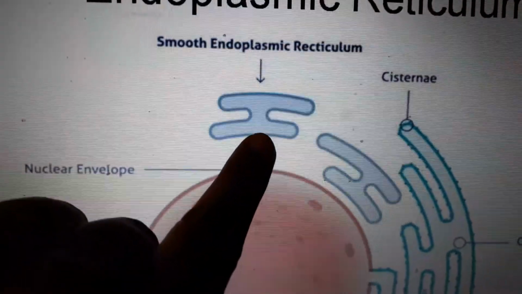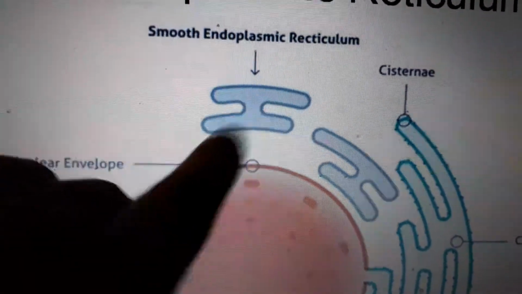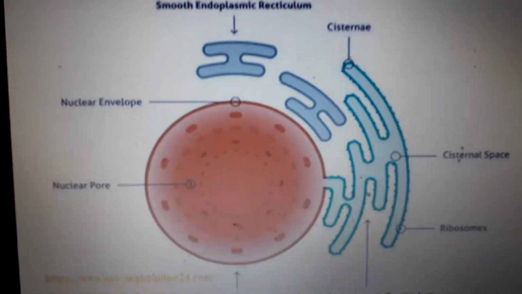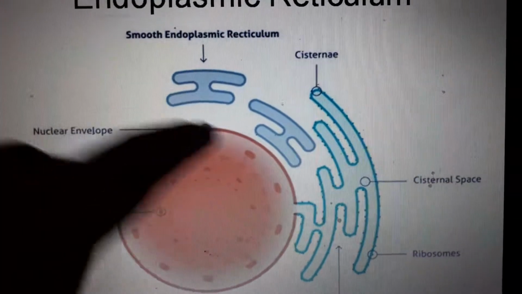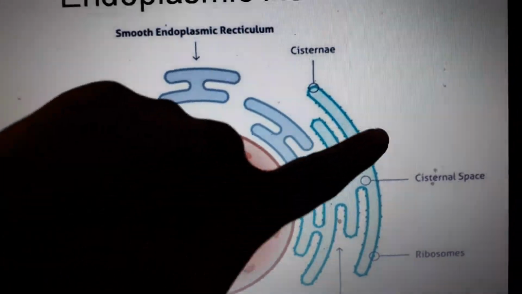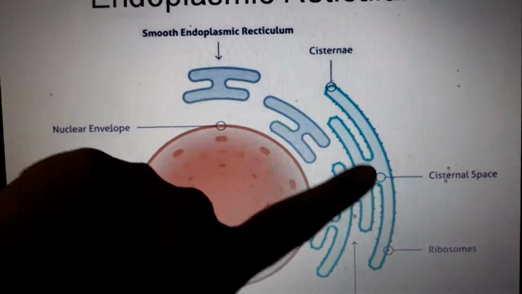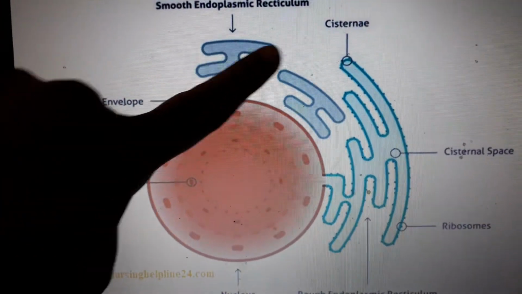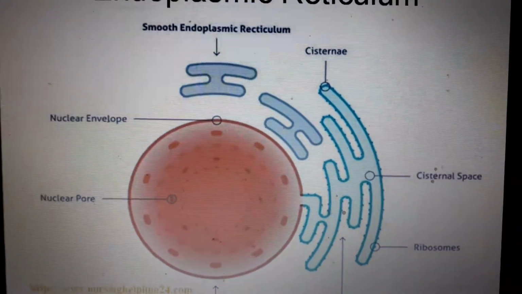On the tubes where there are no ribosomes, these are called smooth endoplasmic reticulum.